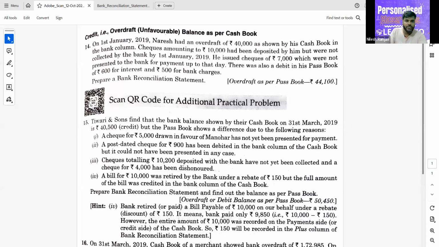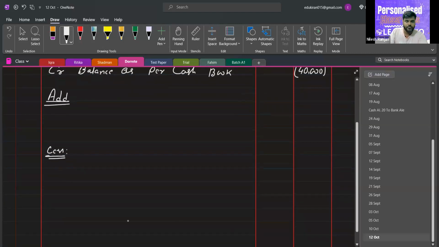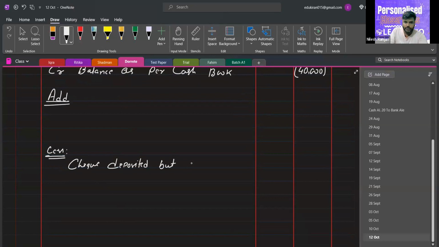So for 10,000, it will be less. Check deposited but not cleared, 10,000.